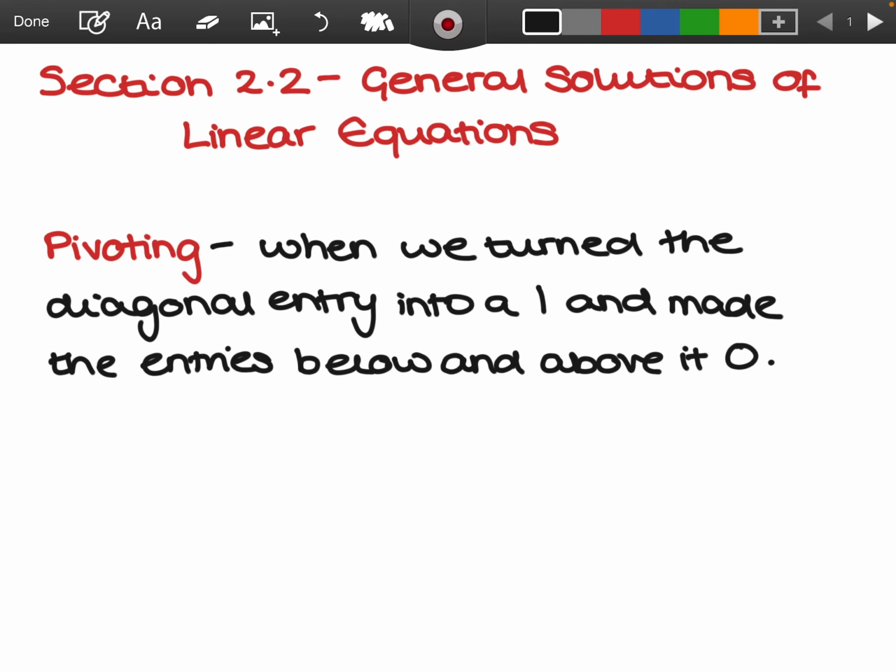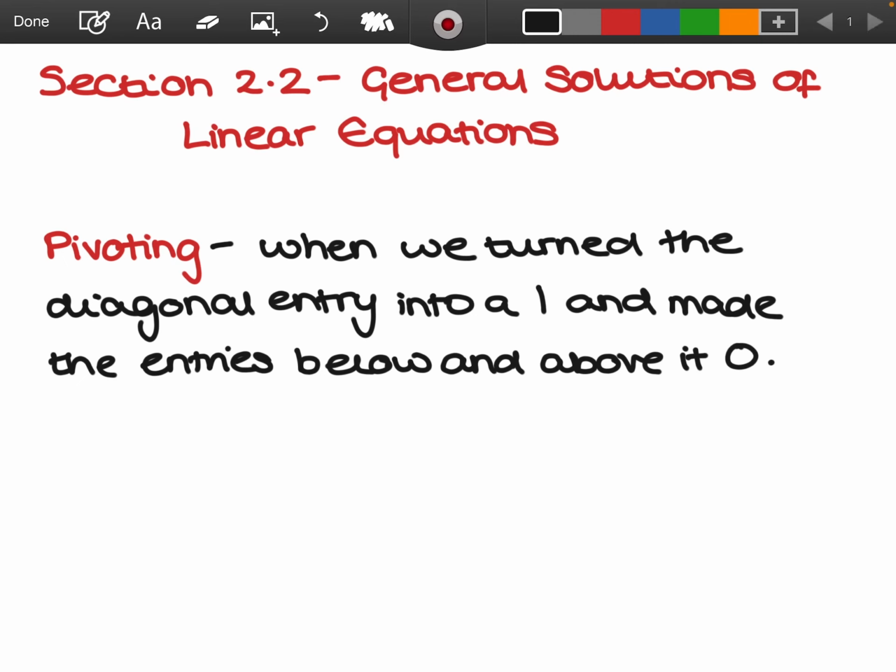In that case, if there is no pivot in that particular column, in that particular entry, and you can't get one in that entry from switching that particular row with another row below it that hasn't yet been dealt with, then we have to pivot around the next entry. But for the majority of the time, you are going to be trying to pivot around those diagonal entries.